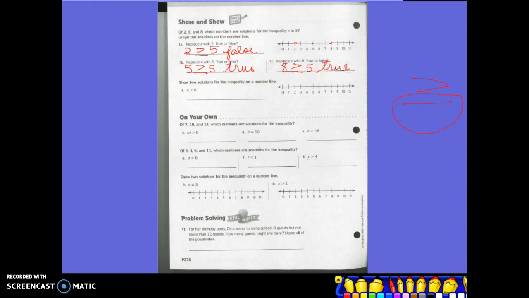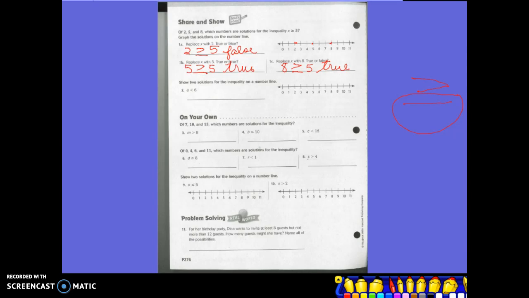Show two solutions for the inequality on a number line. a < 6. Natalie, what might you write? a < 6. What number might you choose? And we're supposed to show two solutions for the inequality.